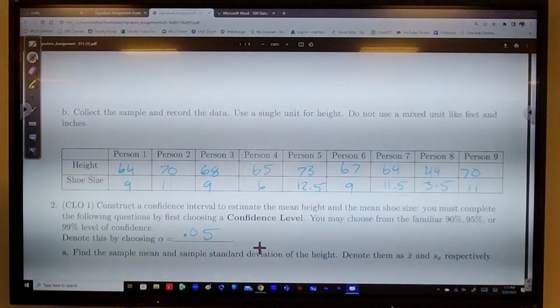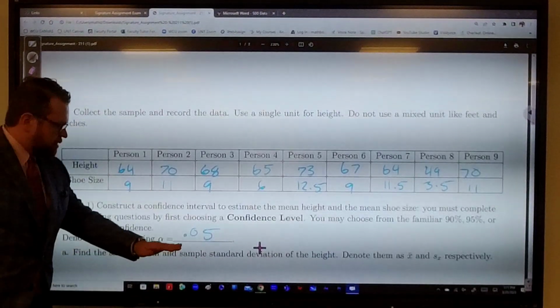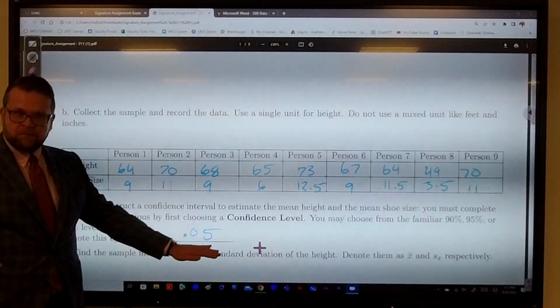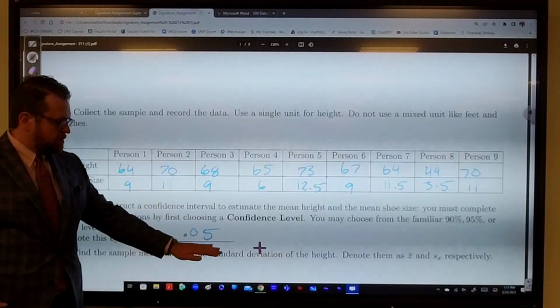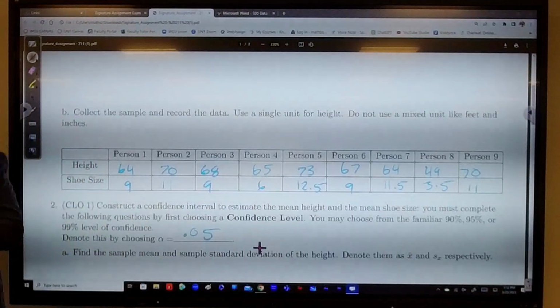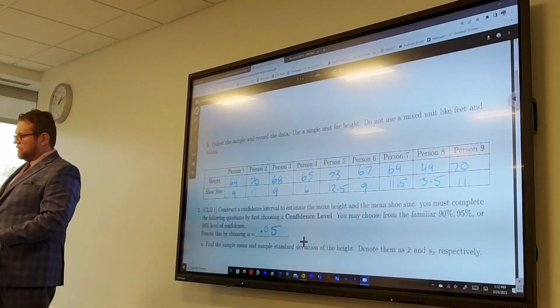And consequently, this alpha will be the maximum amount of risk that we can take in rejecting the initial hypothesis. No more than 5% risk.